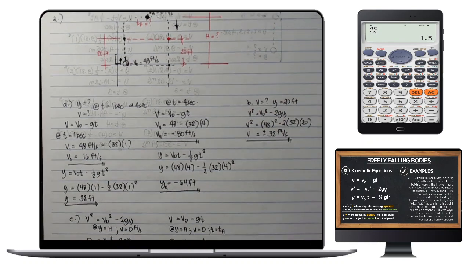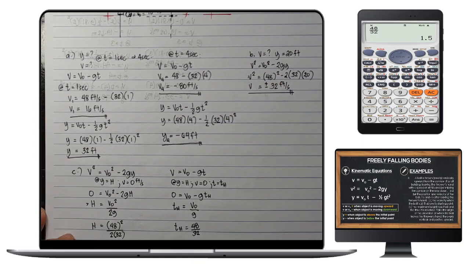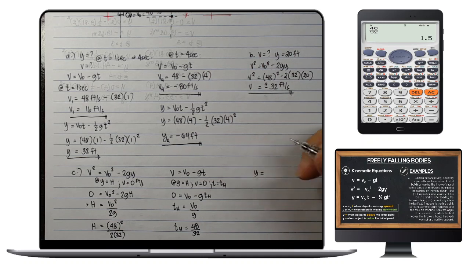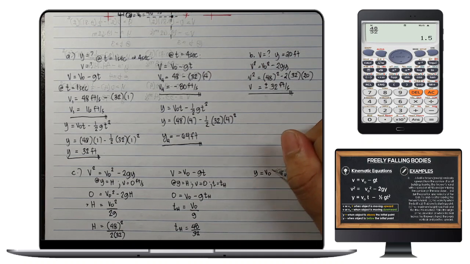So, let's say we are going to use the formula, yung third equation. We have y is equal to V_0 t minus 1/2 g t squared. So, let's say y natin is equal to h. Okay?